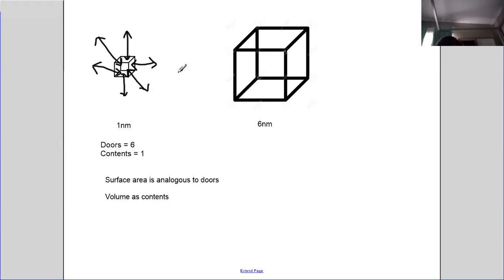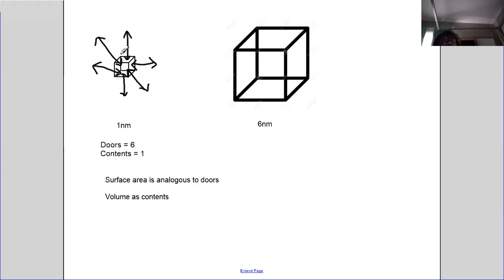It's not going to take me long to get in and out of here, right? There's very little inside of here, just this 1 person, and they've got 6 different ways. So if a fire were to break out on one side of the room, don't worry about it, I go over here. If there's a fire over here, don't worry about it, I go over here. You can get in and out of this really easily.